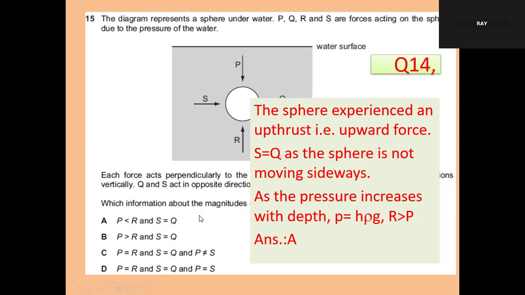We cannot say anything about the weight. It depends on what the object is, whether it's wood or iron. We only know that the force at R is greater than the force at P. These are forces acting on the sphere, not the weight of the sphere. That means they are by the liquid, due to the pressure of the water.